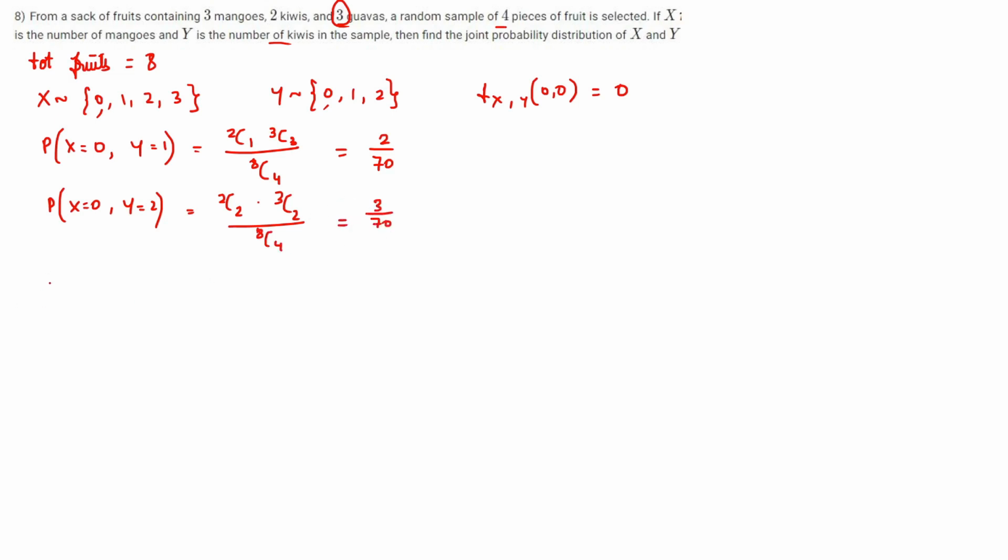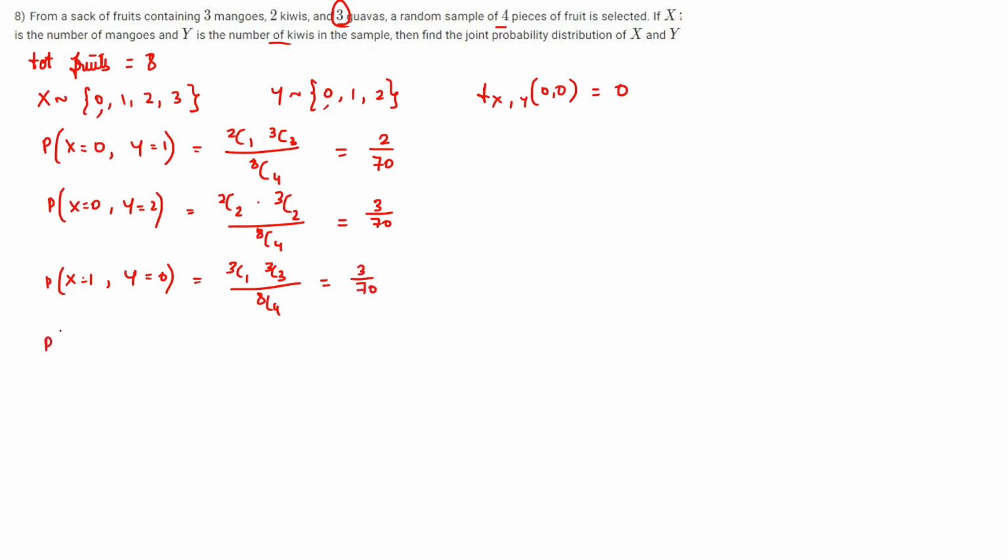The next one, P of X equal to 1 comma Y equal to 0. Now we are picking 1 mango, right? So 3C1, and we are not picking any kiwis, but we are picking 3 guavas. So 3C3 divided by 8C4. So that is nothing but, again, 3 by 70.